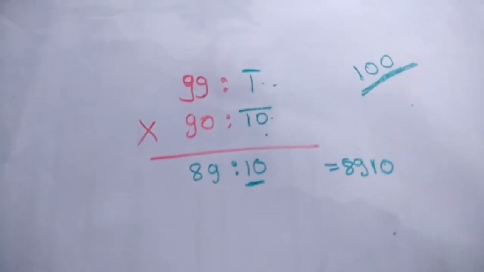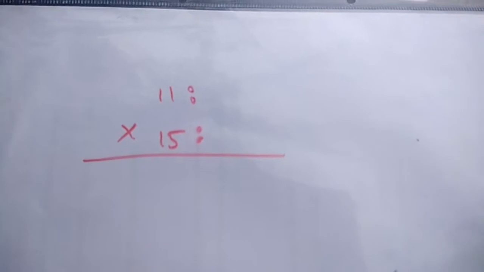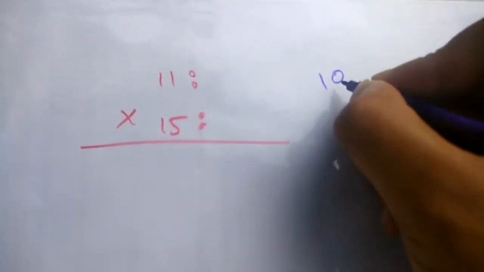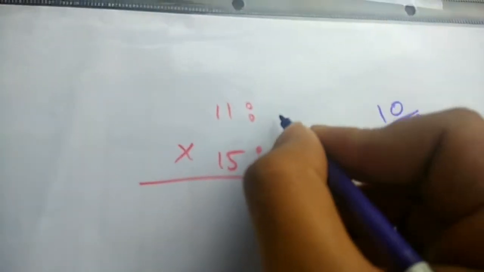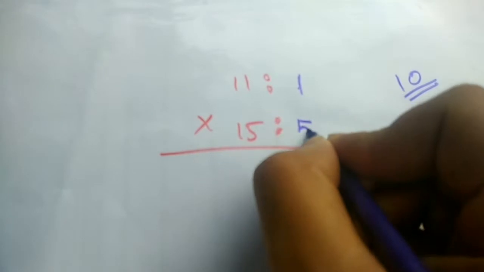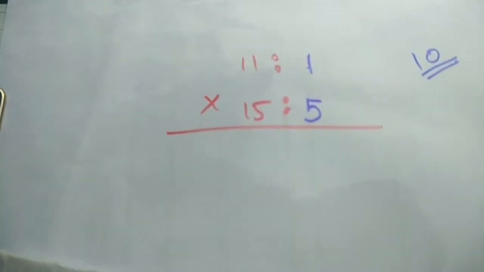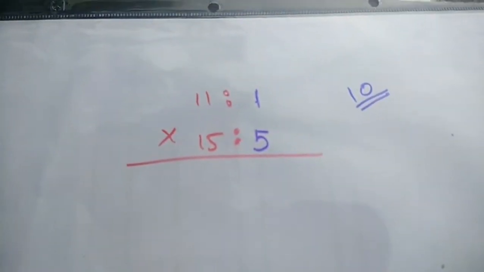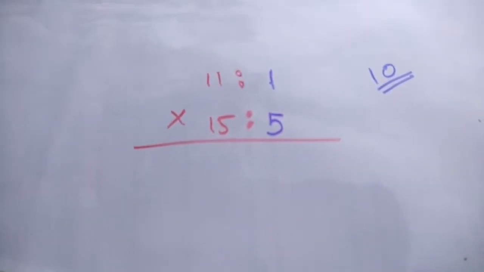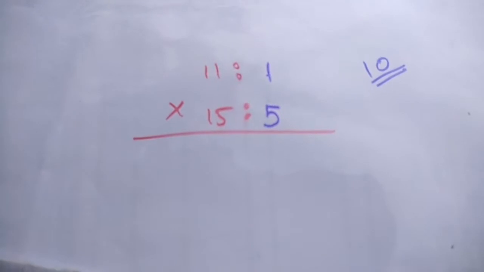Let's take another example. Our next example is 11 into 15. Once again, the base is 10. 11 is greater than 10 by 1 and 15 is greater than 10 by 5. But remember, here the multipliers are greater than our base, so we must take it as a positive sign.